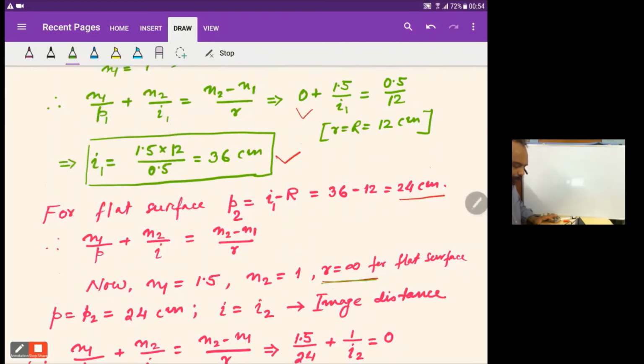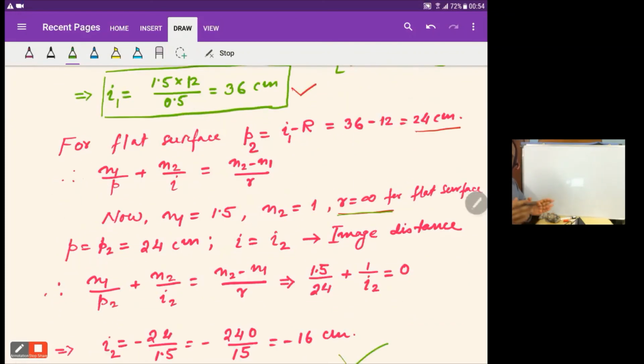So we are using p2 and i2 for the flat surface. So our p2 is now 24 centimeter, and i2 is our image distance. Therefore, n1 by p2 plus n2 by i2 is equal to (n2 minus n1) by R. That gives us 1.5 by 24 plus 1 upon i2 is equal to 0.